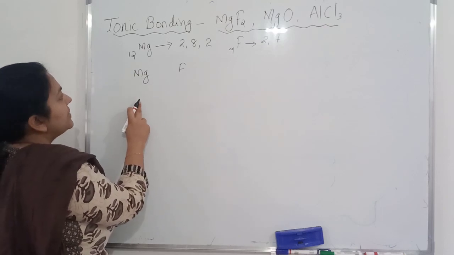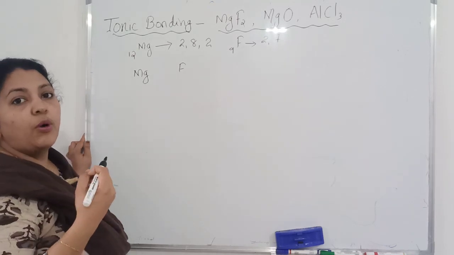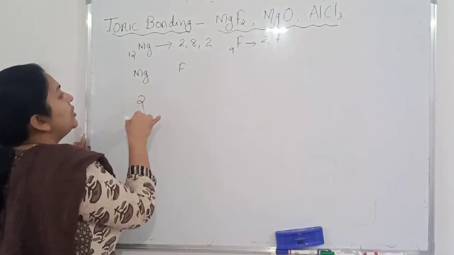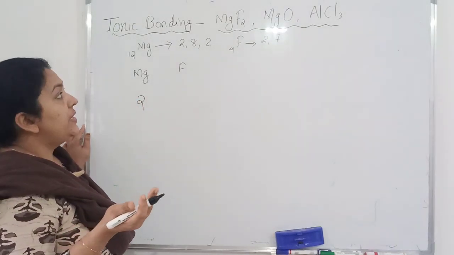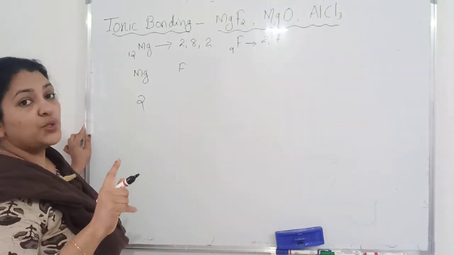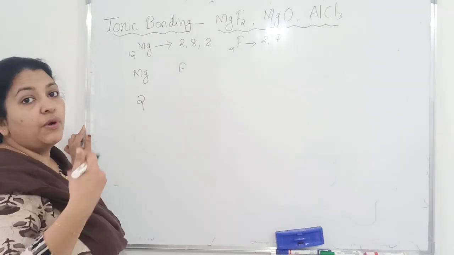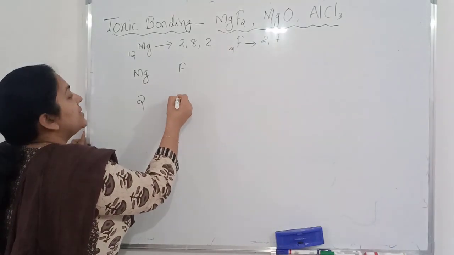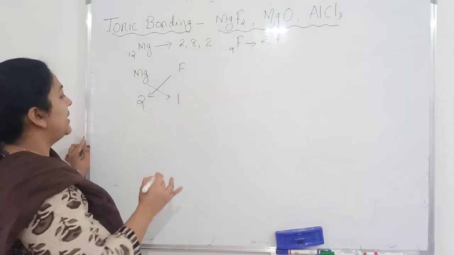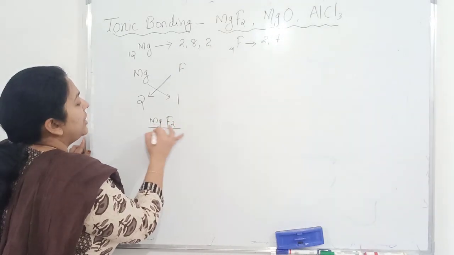Magnesium has valency 2 because whenever magnesium bonds with some other atom, it will lose the 2 electrons, making its valency 2. And fluorine is always trying to get one more electron as it has 7 electrons in the last shell. So it will always try to gain one more electron, making its valency 1. Here we will swap around the valencies and you will get the chemical formula of magnesium fluoride is MgF2.